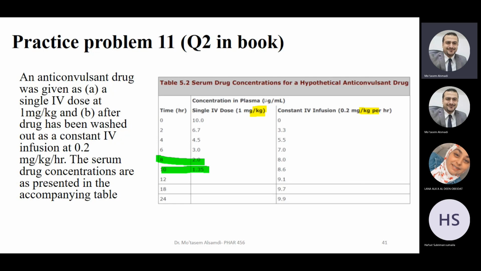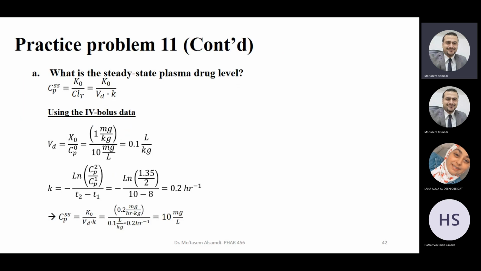CP the last is 2. They were measured at 10 hours and 8 hours. So simply you can use these values to get the value of the K, which is equivalent to 0.2. Now you know the VD, you know the K. Simply, what's CPSS? It is the infusion rate divided by K multiplied with VD, or divided by the clearance, which is equal to the multiplication of K and VD. Right?